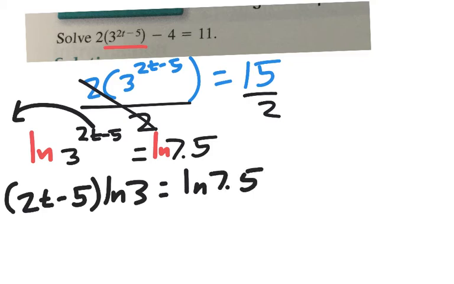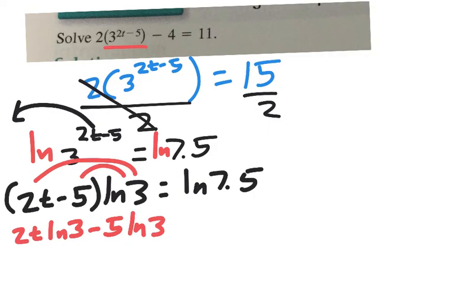So here's why that's important. Because now, in order to get t by itself, I would distribute first. So if I distribute that, that becomes 2t times the natural log of 3 minus 5 times the natural log of 3 equals the natural log of 7.5.